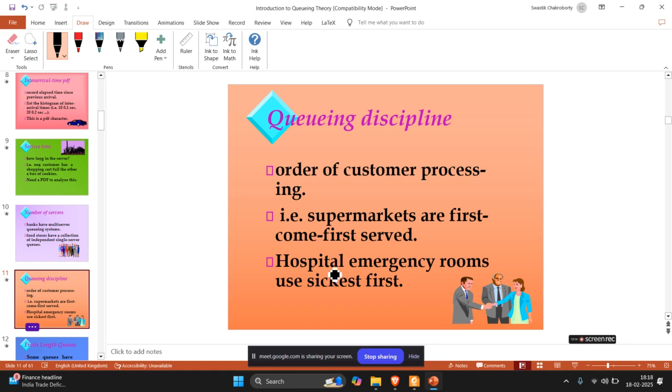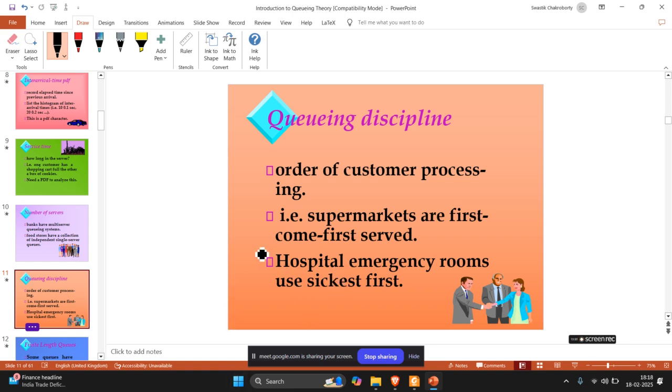If someone arrives who has a higher priority than you, then your service will be stopped, and the higher priority person will be put at the front of the line. This is called priority queuing, which is another kind of queuing discipline.